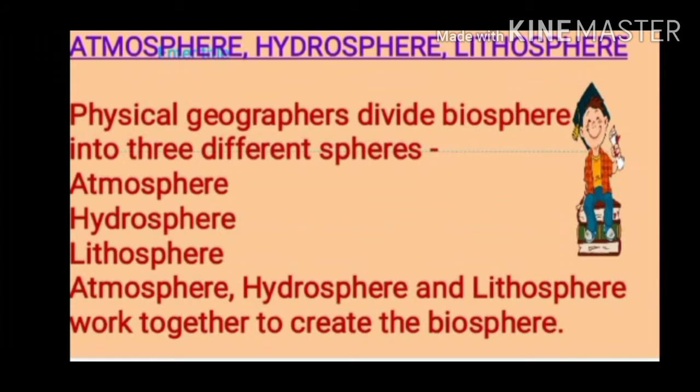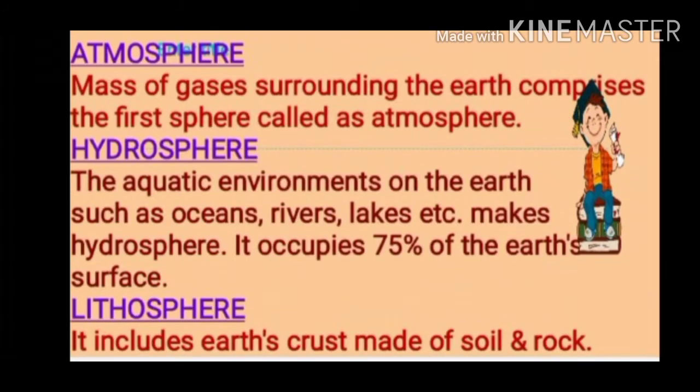Physical geographers divide biosphere into three different spheres. These are atmosphere, hydrosphere, and lithosphere. Atmosphere, hydrosphere, and lithosphere work together to create the biosphere. Atmosphere.